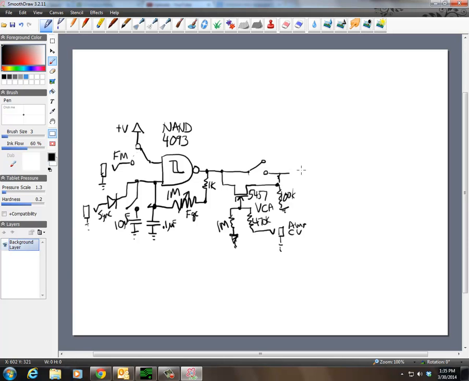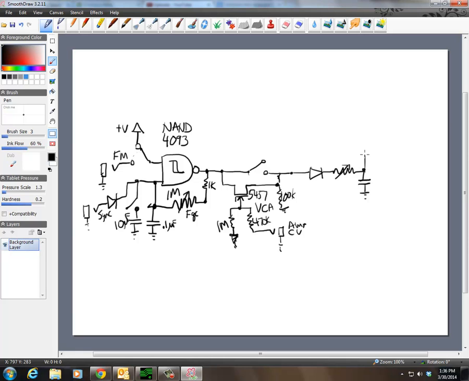And then the other thing I started thinking about was maybe I could have a low pass filter on this. So I'm going to have a diode, a variable resistor and a capacitor to ground down here.